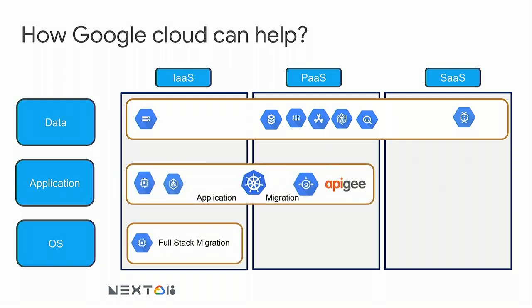From an application perspective, you have a different set of options as well. So if you're starting with IaaS, you have compute capabilities with GCE, Google Compute Engine. And you also have the ability to leverage containers as part of the process.